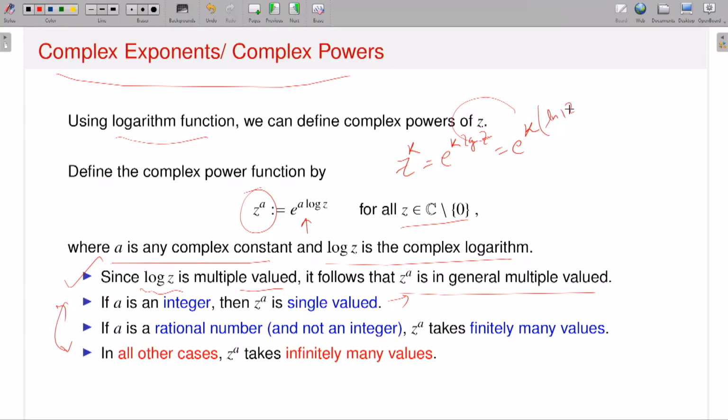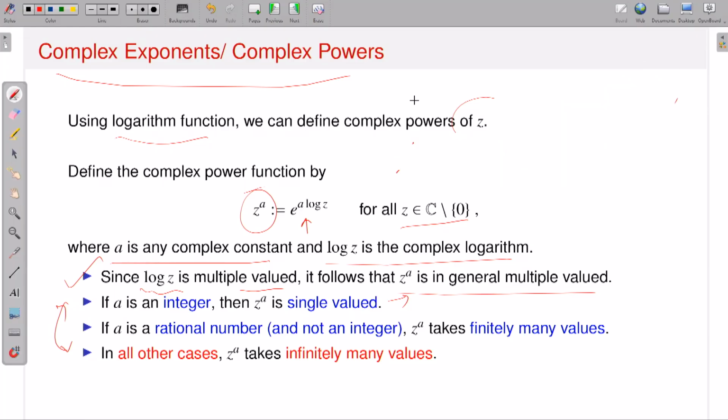This is ln of mod z plus i small arg of z. That is the same as e to the power k ln of mod z plus i times capital arg of z plus 2k pi, and this is also k.